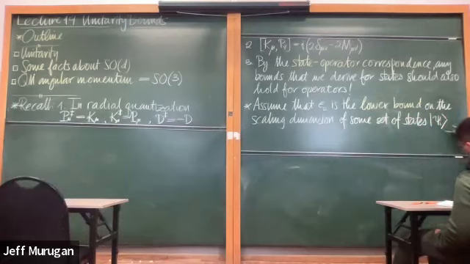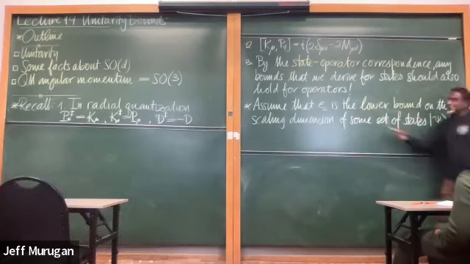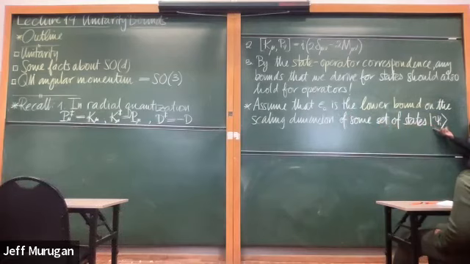In other words, I have some set of states psi_i labeled by some number i, which could go from 1 to whatever. And if I act on these guys with i times the dilatation operator D, then I'll get epsilon naught times these states, right? So epsilon naught is the eigenvalue of the dilatation operator D acting on these states. Some set of states. Don't know how big the set is, but I don't really care. However, I am going to assume that the set of states is normalized, right?